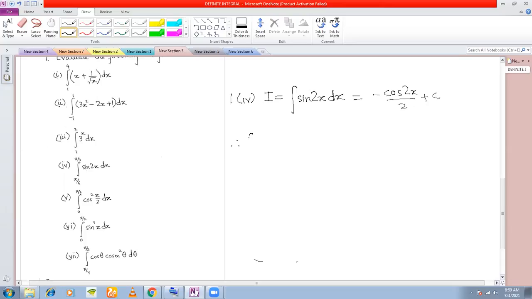So therefore, now you give the limits here. Integration pi by 6 to pi by 3 sine 2x dx is equal to minus cos 2x by 2 evaluated between the limits pi by 6 to pi by 3.